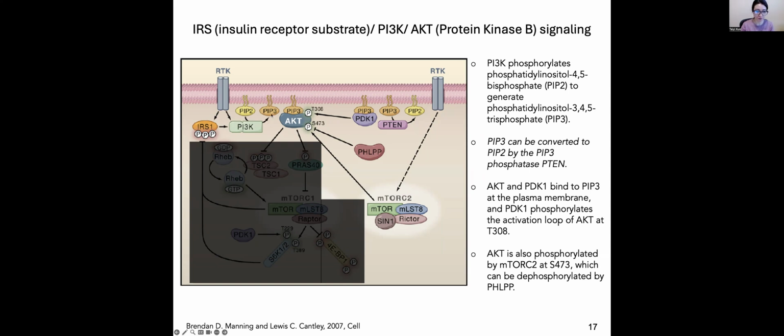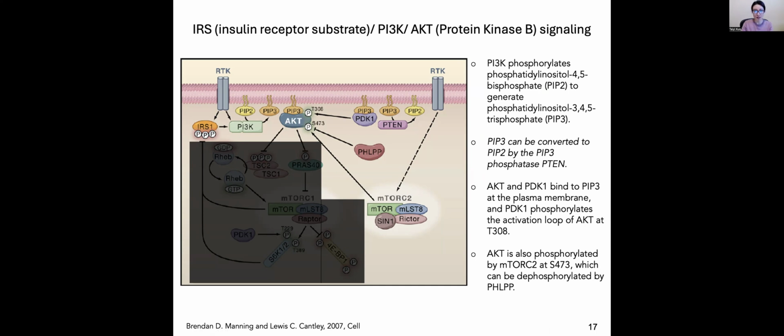So, which is shown here. All right. And PIP3 is going to serve as the docking site for AKT and PDK1 to bind. So AKT here and PDK1 both would bind to PIP3.